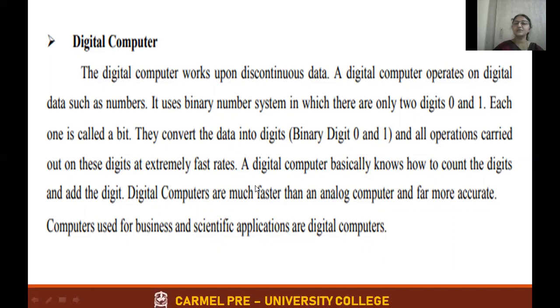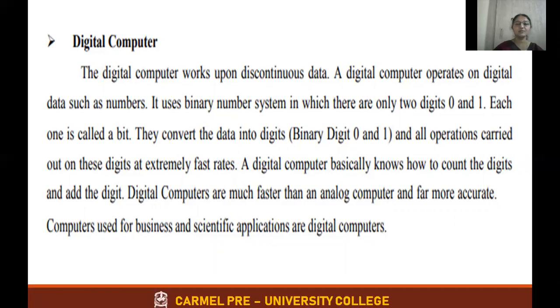A digital computer basically knows how to count digits and add digits rather than measure. So here you can say digital computers work by counting, not measuring. Digital computers are much faster than analog computers and far more accurate.